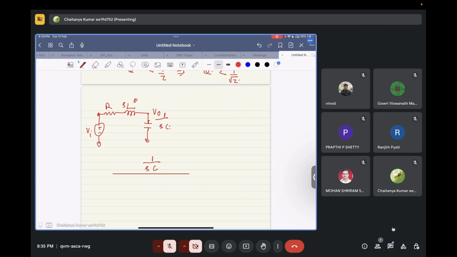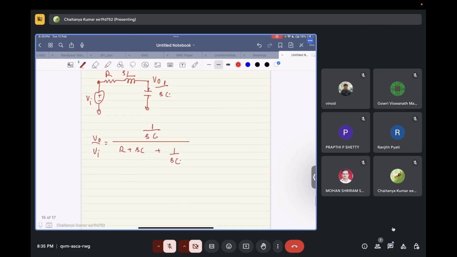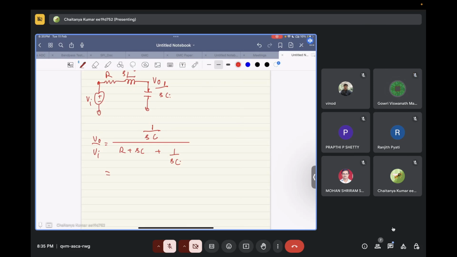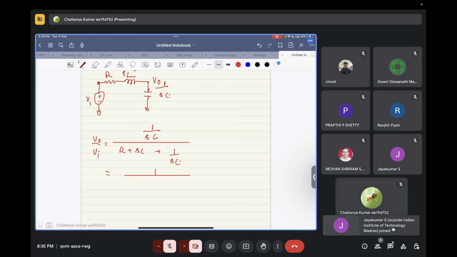So Vo by Vi will be equal to 1 by SC divided by R plus SL plus 1 by SC. Right? This is clear, right? So if you simplify this, what you get is 1 over S square LC plus SRC plus 1. This is the transfer function.